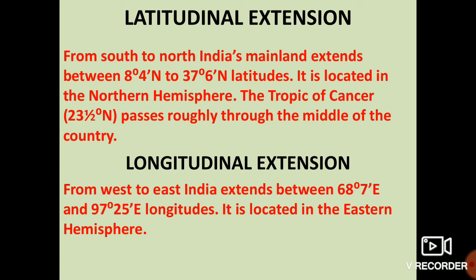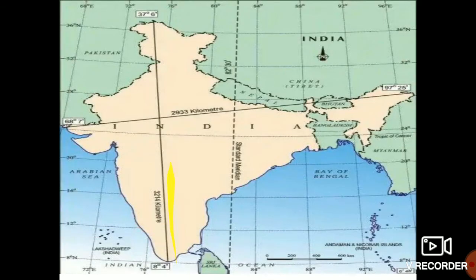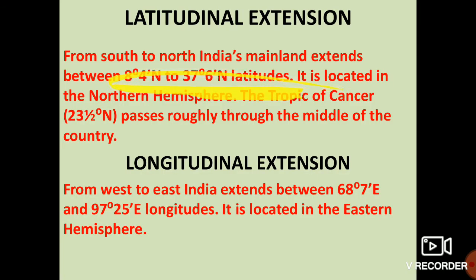Now we are going to talk about the latitudinal extension and longitudinal extension. Latitudes are the circles that are parallel to the equator, and longitudes are the lines from pole to pole. The latitudinal extension from south to north is 8 degree 4 minutes north to 37 degree 6 minutes north.